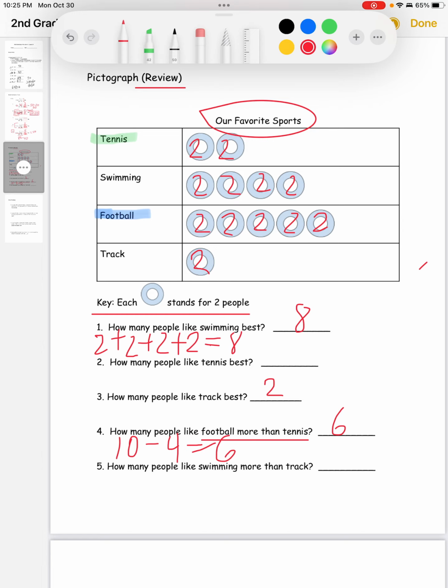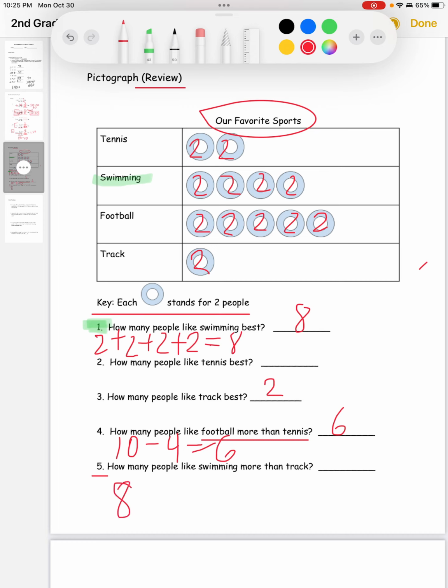Now let's answer question number 5. How many people like swimming more than track? Again, we're comparing, so we could use this highlighter again. So first we need to find out how many people like swimming. And we already found that out in question number 1. And that's 8 people, so we write down 8.